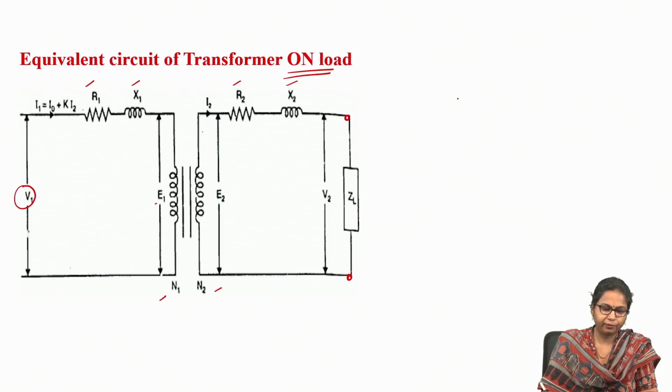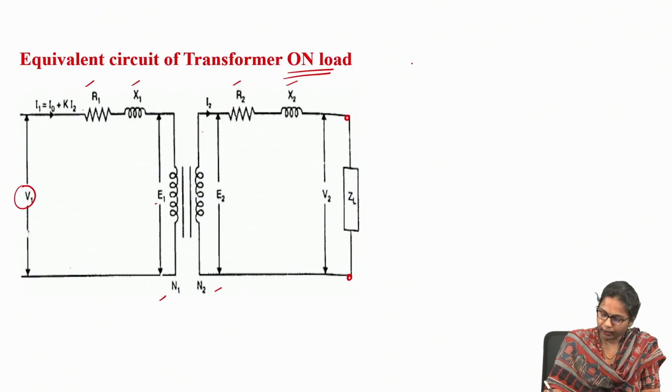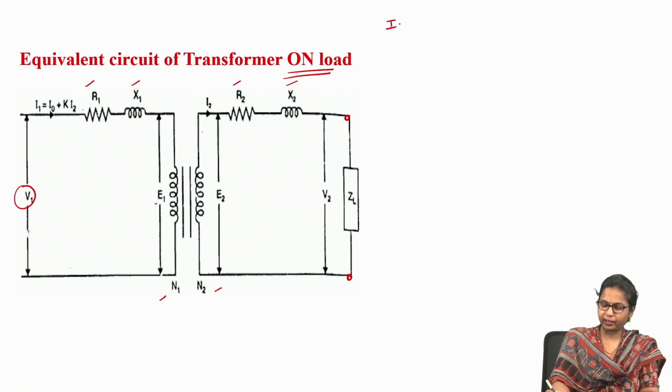Before we go to the phasor diagrams for different loadings, we have to write down the equations. The primary current passes through R1 and X1, so the I1 R1 drop and I1 X1 drop need to be considered.